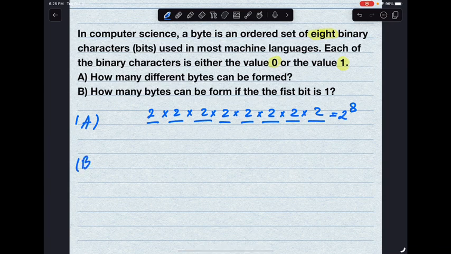What is part B? Part B says, now there is a restriction on the question. It says how many bytes can be formed if the first bit is 1. Again, it's a byte, 8 places.